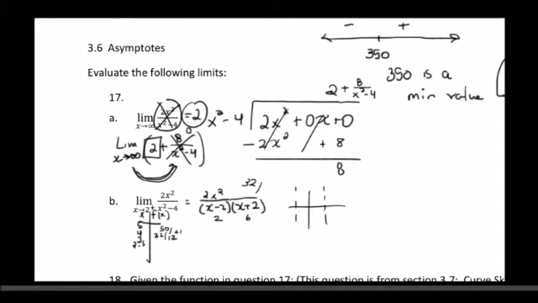Now 50 divided by 21, that's a little more than 2. 32 divided by 12 is a little more than that. It's 2.6 maybe.